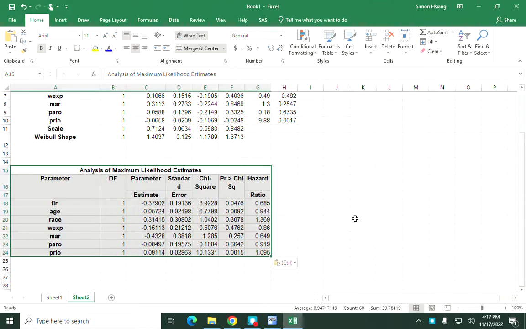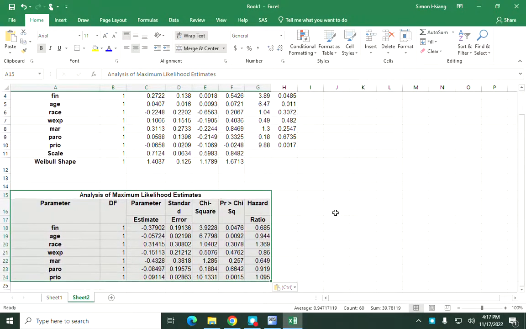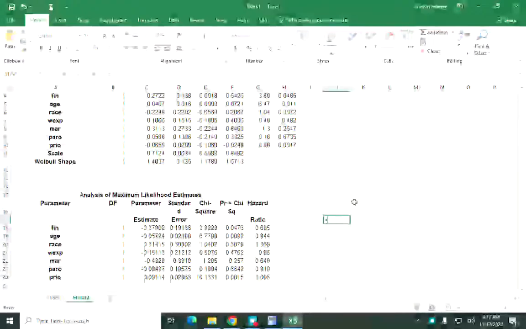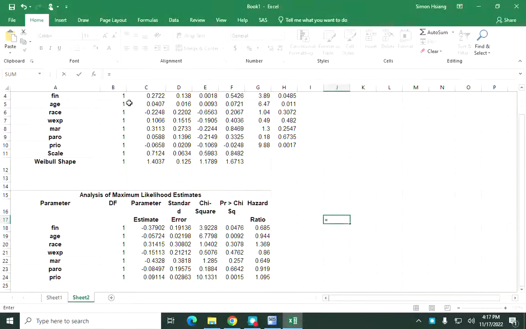And watch, it only happens in Weibull if you take every variable of the live regression multiplied by the scale, not divided by the scale. Multiplied by the scale.